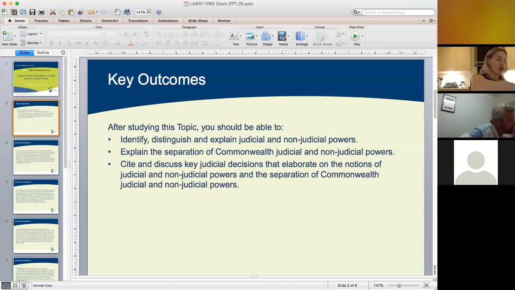This means that they need to be independent, and it must be shown that their integrity or impartiality will not be compromised.